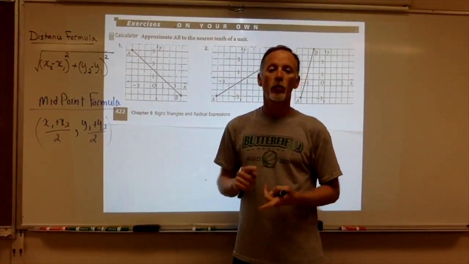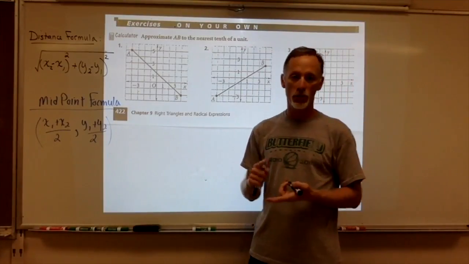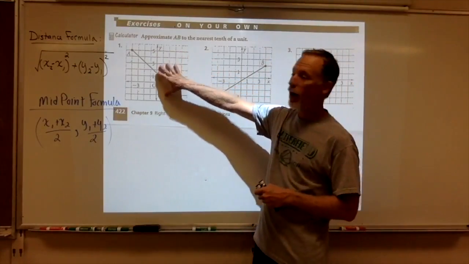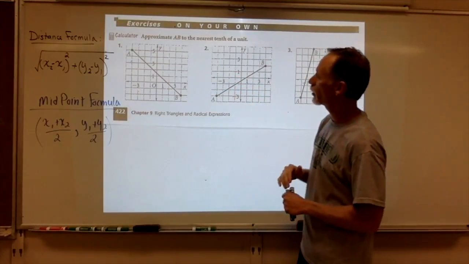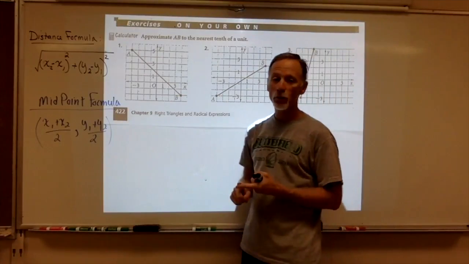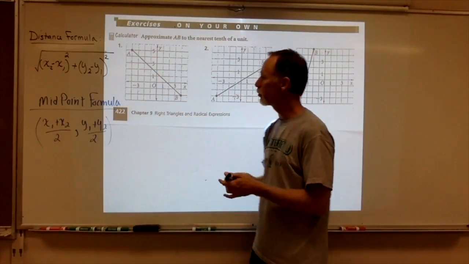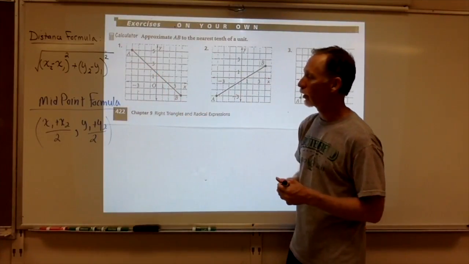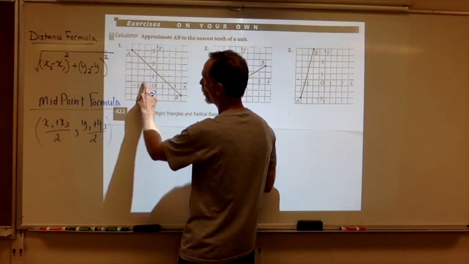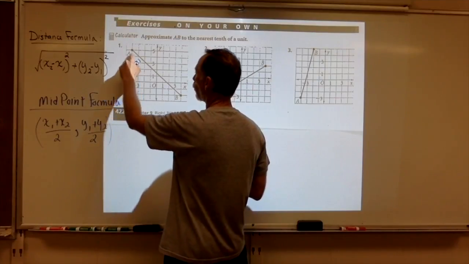Okay, today we're going to talk about the distance formula and the midpoint formula. So I'm going to demonstrate it with this graph. It says approximate AB to the nearest tenth of a unit. So the first thing we have to do is identify the ordered pairs of A and B. For the distance formula, to find this point, I'm going to count over 1, 2, 3, -4, then up 1, 2, 3, 4, 5.